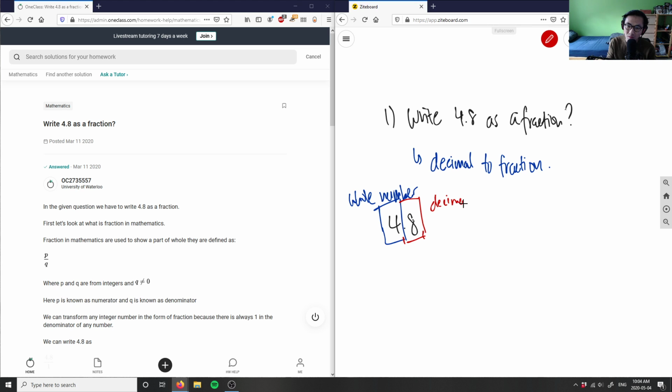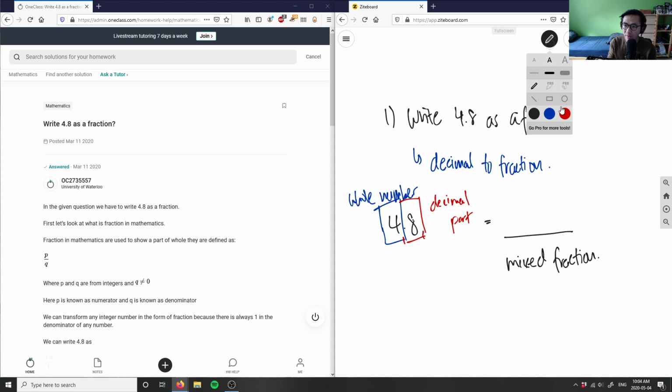If I want to convert this into a mixed fraction, I would have two parts: the whole part and the fraction part. The whole part is obviously this number 4, whatever is to the left of the decimal place. So I would write 4 here.